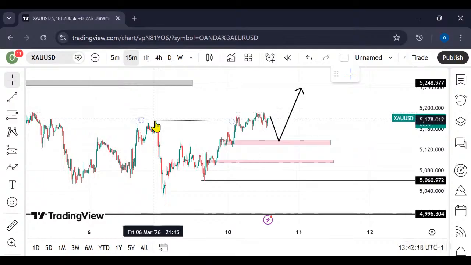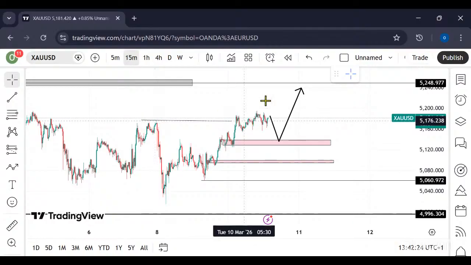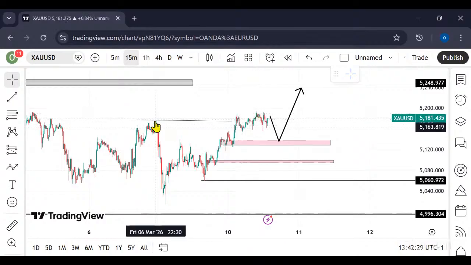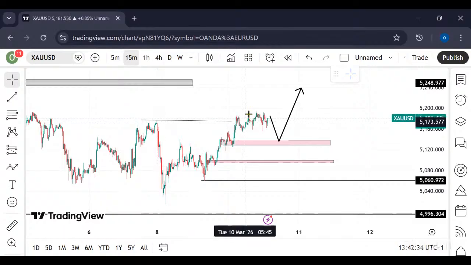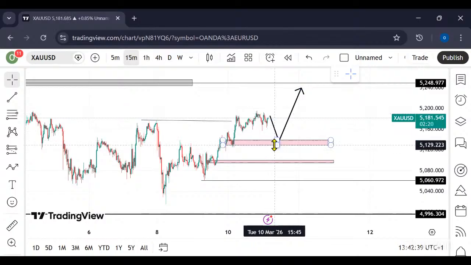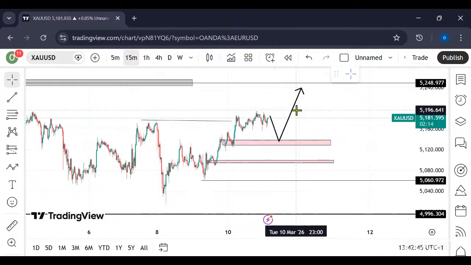This is signaling that the market is going to be bullish, because the structure of the market has already broken this external resistance level here, giving us a high. So we expect the market to drop lower to this particular demand zone, or this one down here. Then we are going to shoot up. Now that is my analysis for gold.